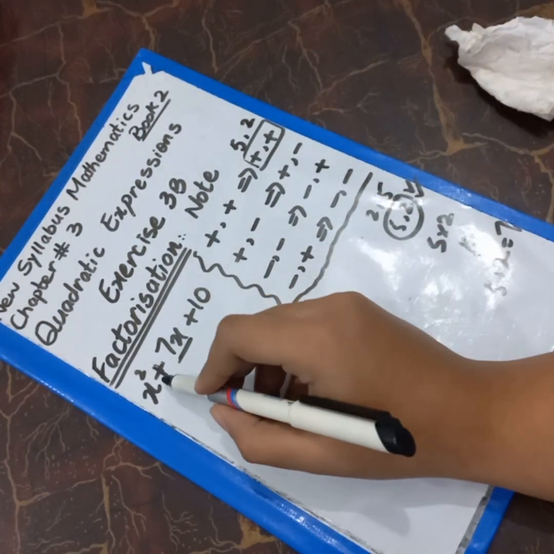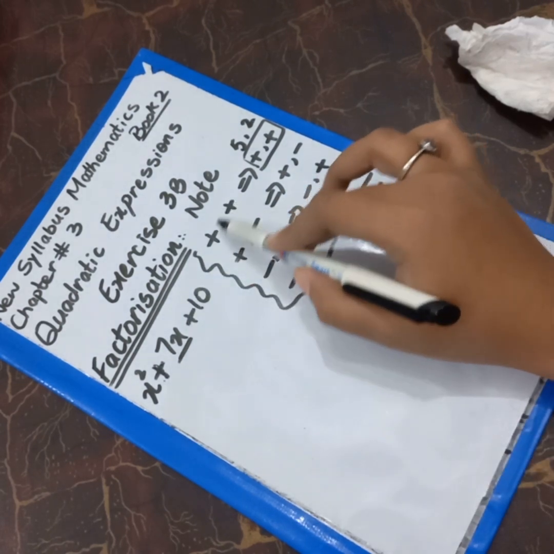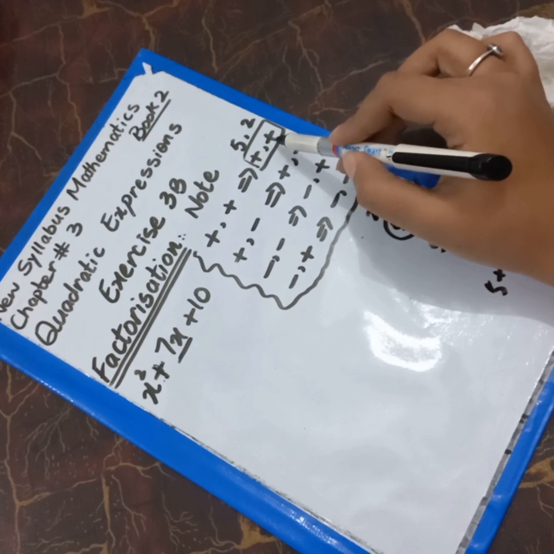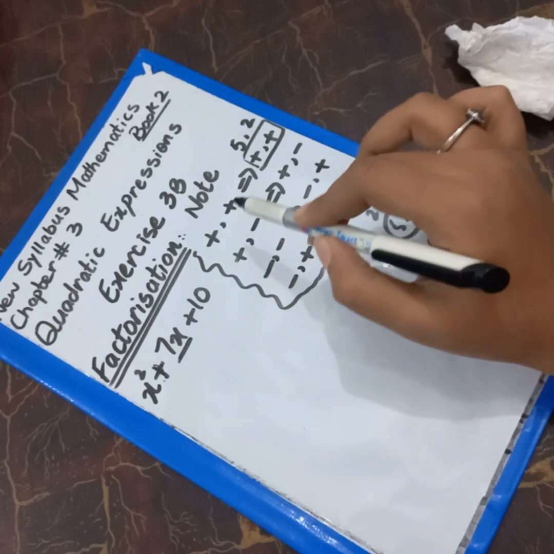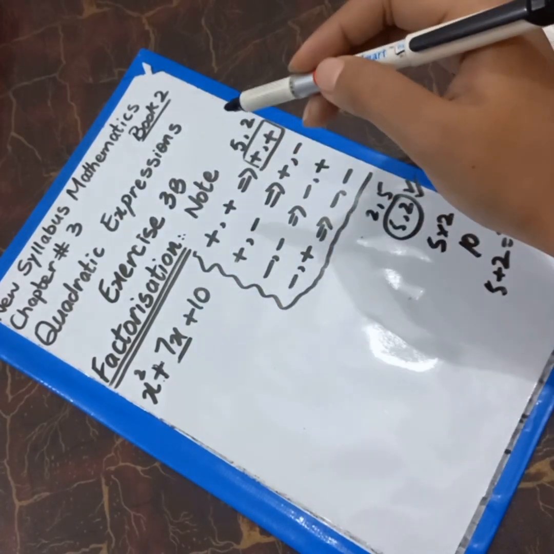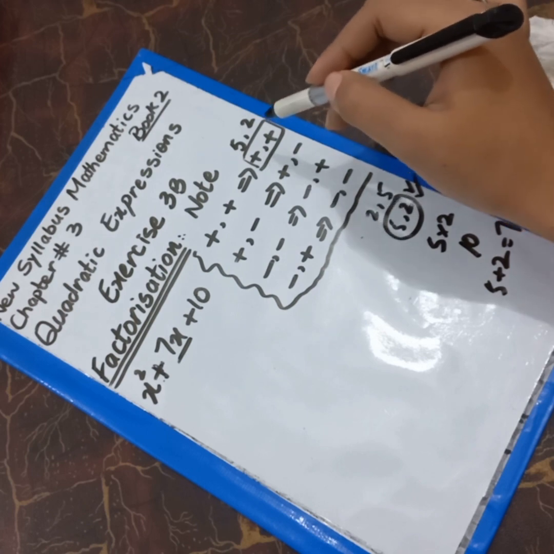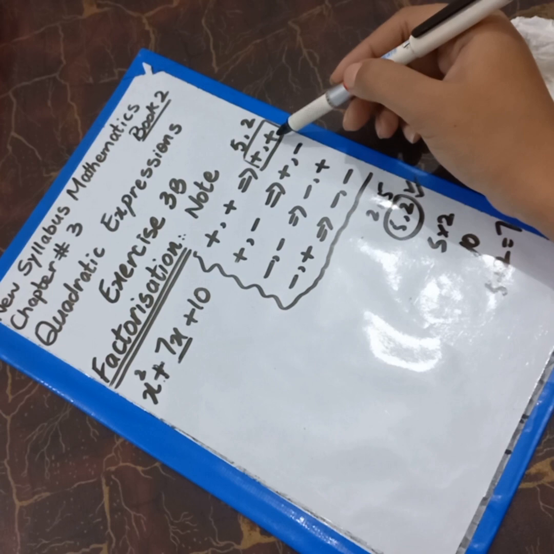It means if in the question plus plus is given, then with the pair of that number which you will use to split that number into two parts, or in other words the pair which you will use to break the midterm, that pair will use these two signs, positive positive.